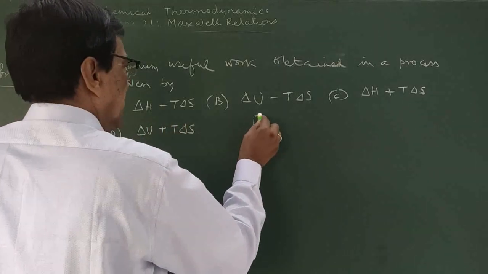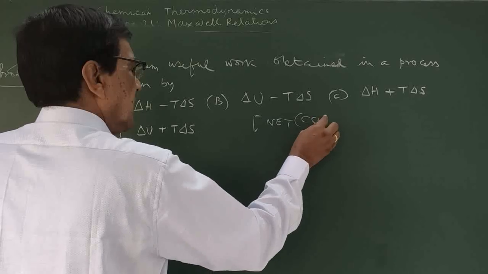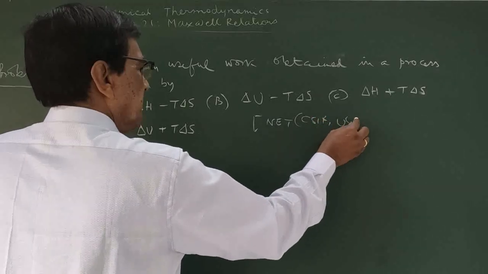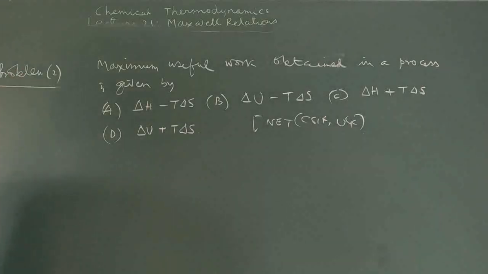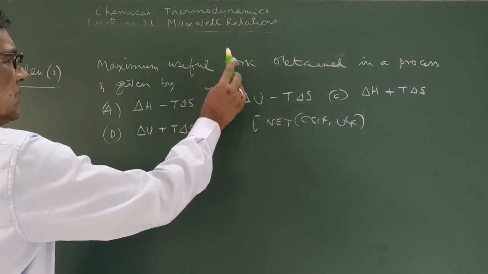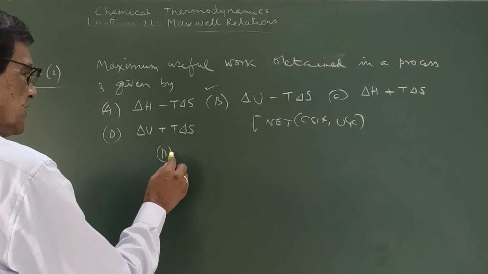It is a net CSIR UGC, as we said. So from these 4 options, the maximum amount of useful work that will be obtained is from this one. Actually, B is the right answer.